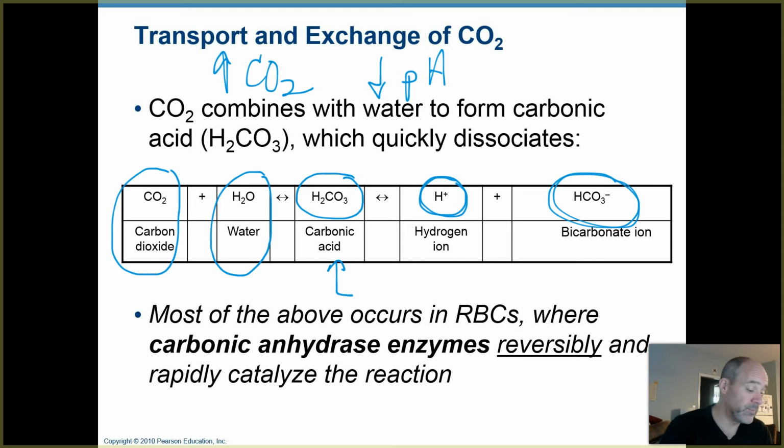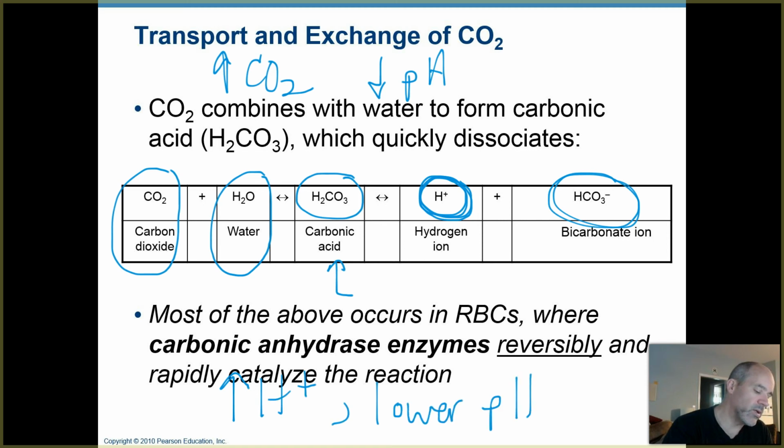Okay, so again, anytime you have an acid that breaks apart easily in a body fluid and releases these hydrogen ions, remember we were talking about in the last lecture, the more hydrogen ions you have around, the lower your pH.